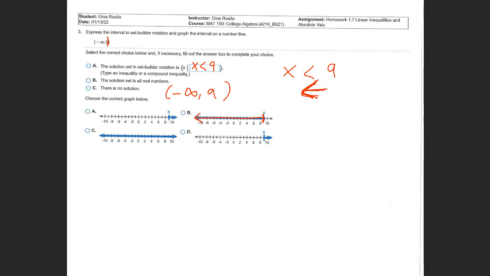Look at the arrow, it's like an L, it means go to the left. So the answer is B. Now the next one, number 4.